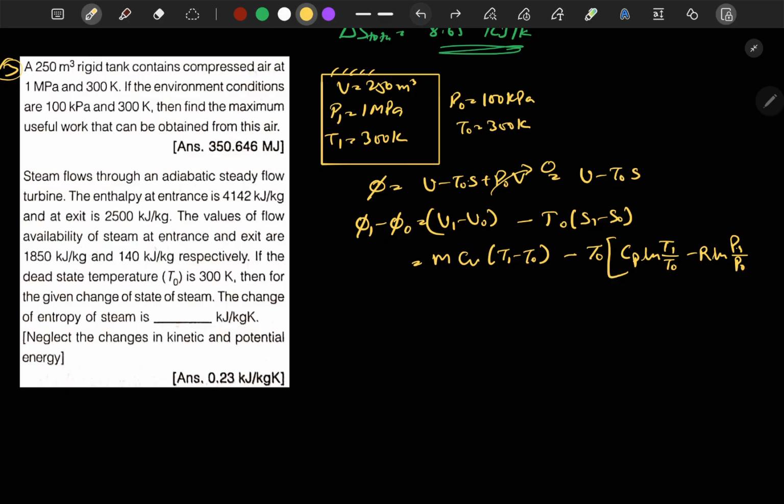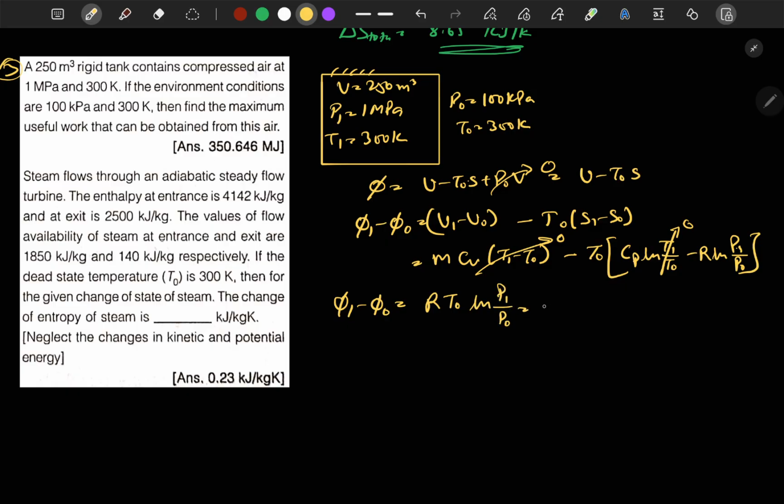From here we can see that T1 is equal to T naught, so this term will be 0, and the ln of T1 by T naught, which is ln of 1, is equal to 0. So we get phi 1 minus phi naught is equal to R T naught ln P1 by P naught.